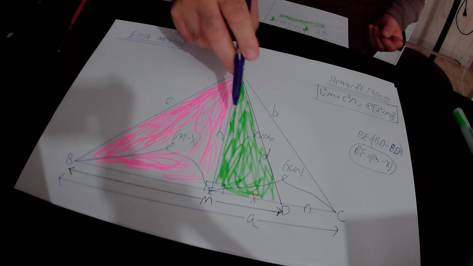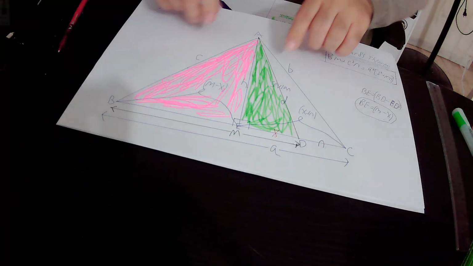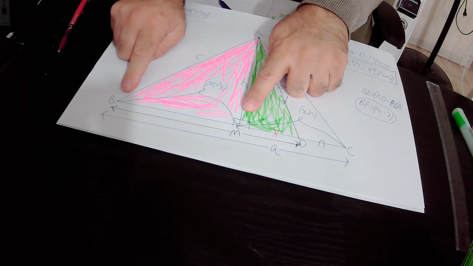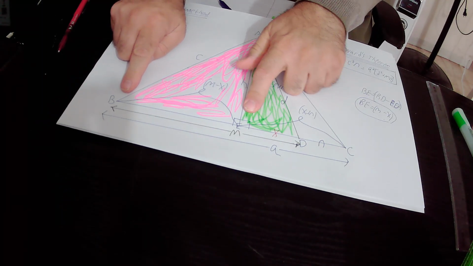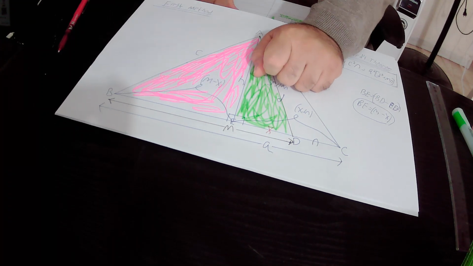AE is h, therefore AE squared is h squared plus BE squared. BE equals m minus x unit in its length, therefore BE squared equals (m minus x) squared.